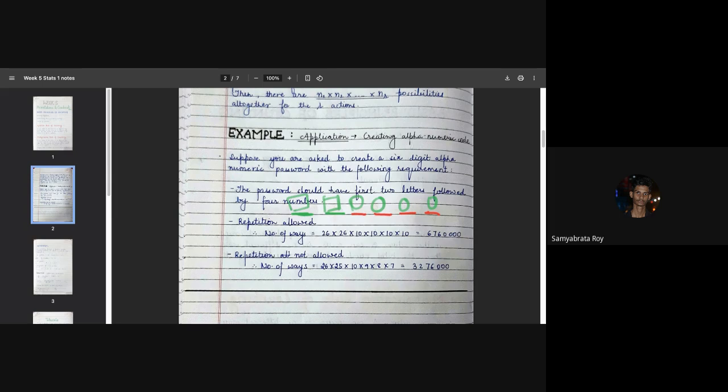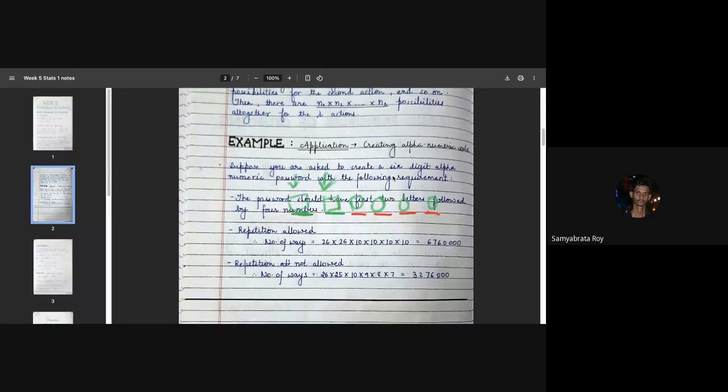I haven't asked what the ways are in which you can put a letter over here or a letter over here. I have asked what the possibility is that you can put a letter over here and a letter over here simultaneously, right?